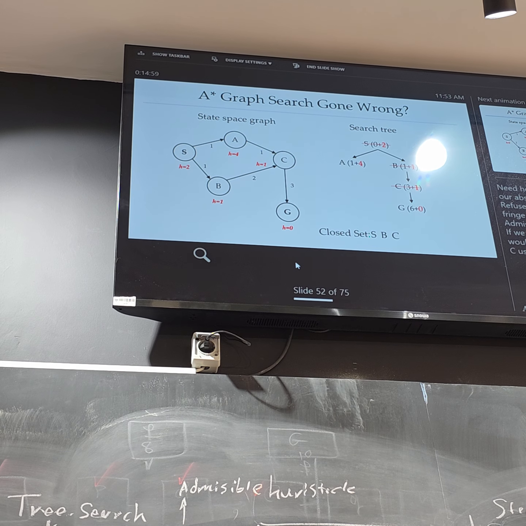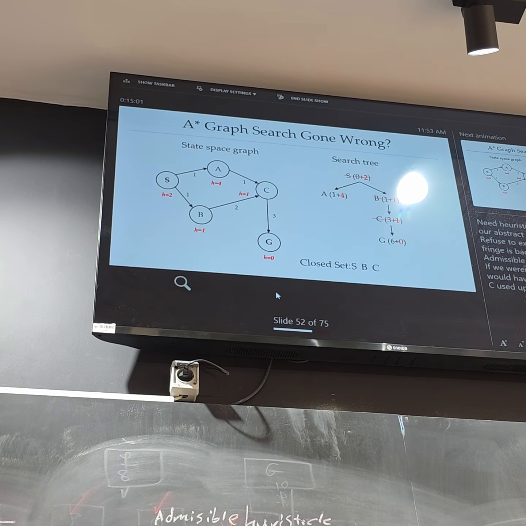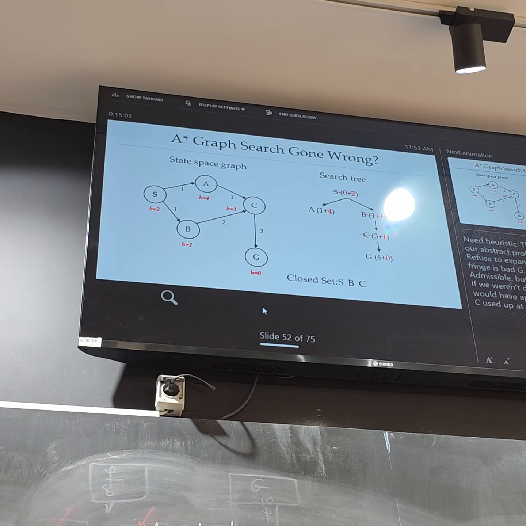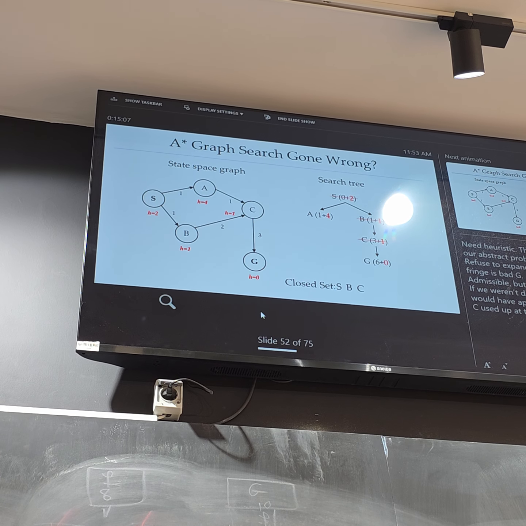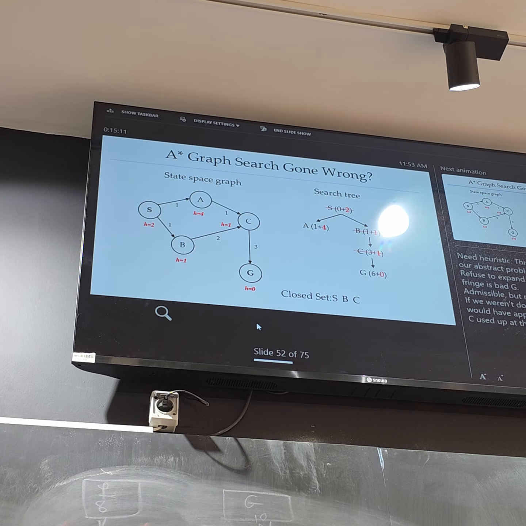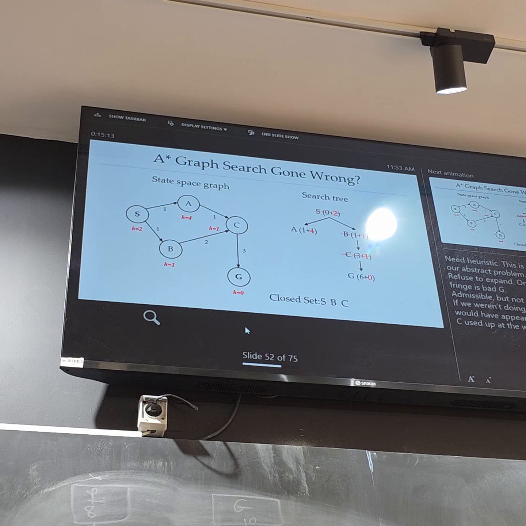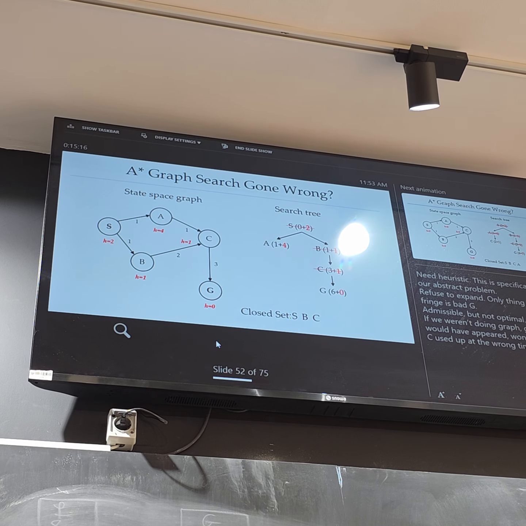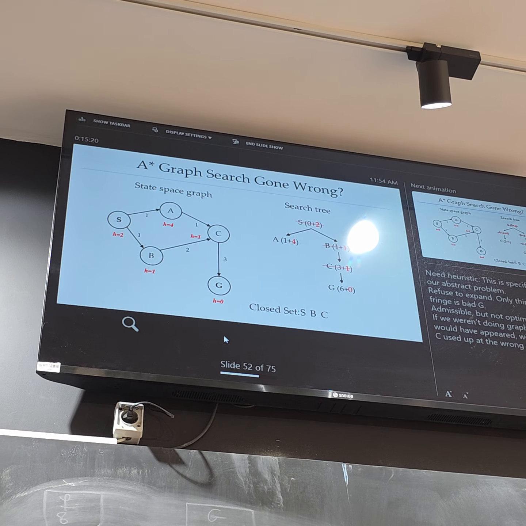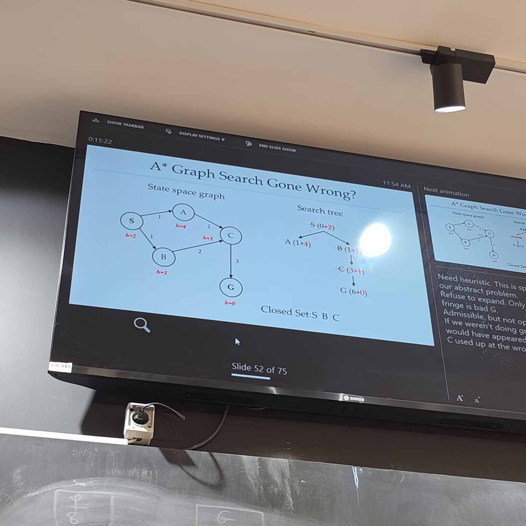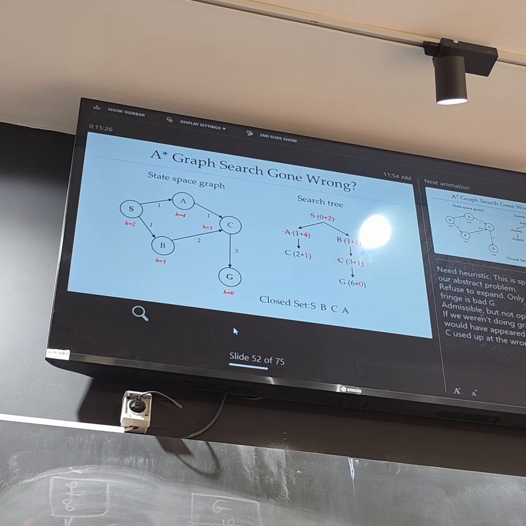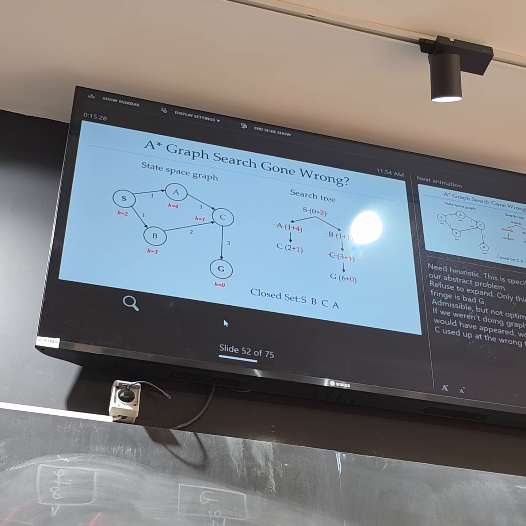G is selected. G is 6 plus 1. Are we terminated? No. There is a better option. A has the cost 1 plus 4. It is less than 6. Because of that, we should continue. By continuing this, we reach C again.